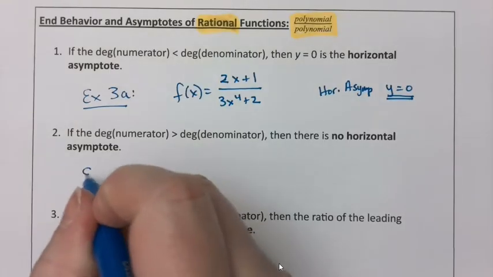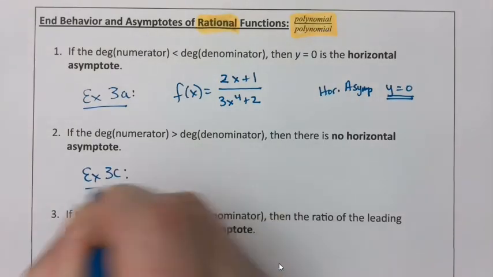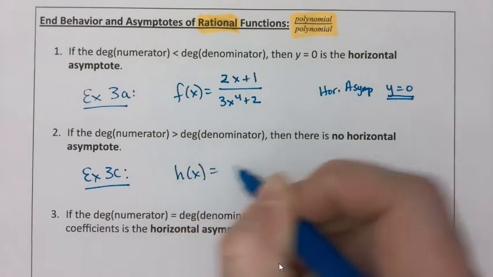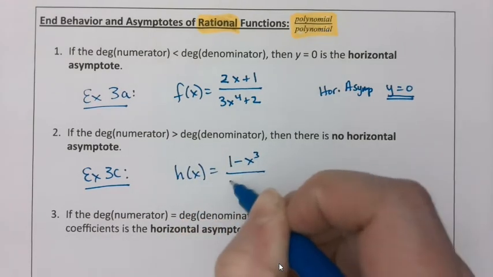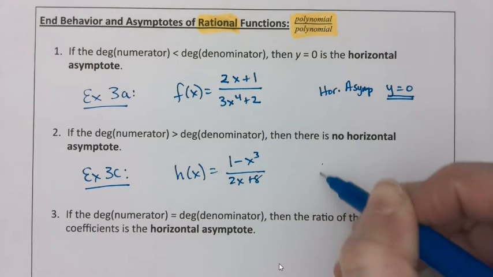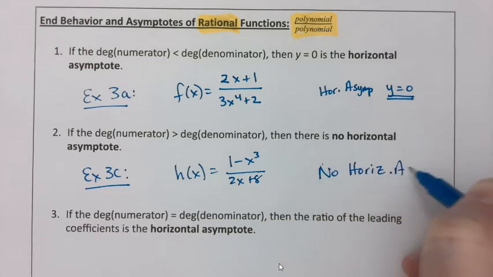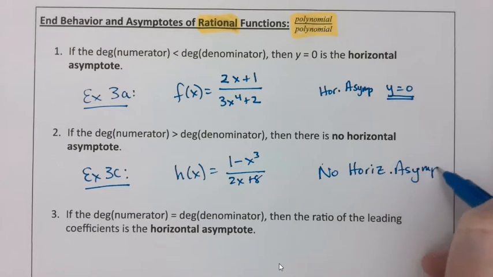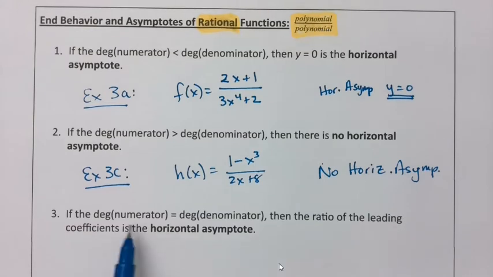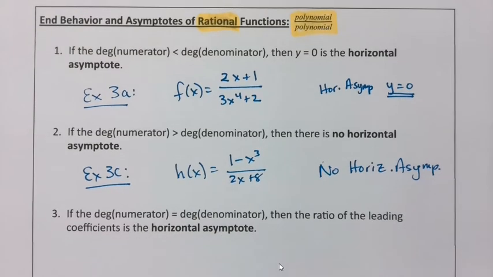So no horizontal asymptotes. We were not heading to any number in particular as we let x go to infinity or x go to negative infinity.